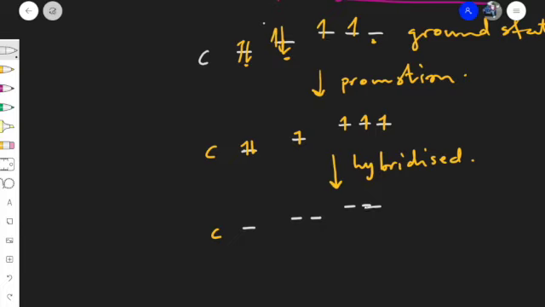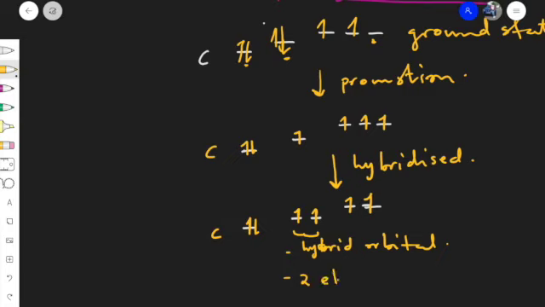So we are going to have a situation whereby we have these electrons, and these are not there, right? So these are the hybrid orbitals, and as you can see, there are 2 electrons in there.